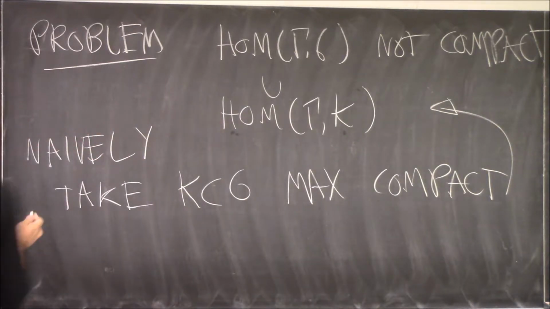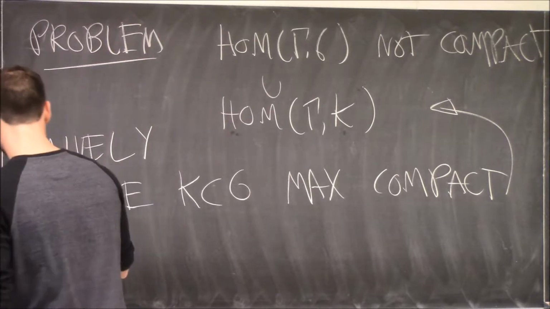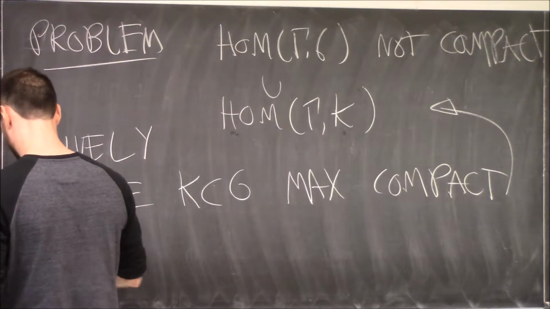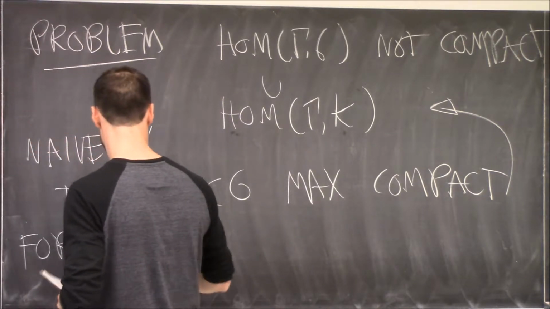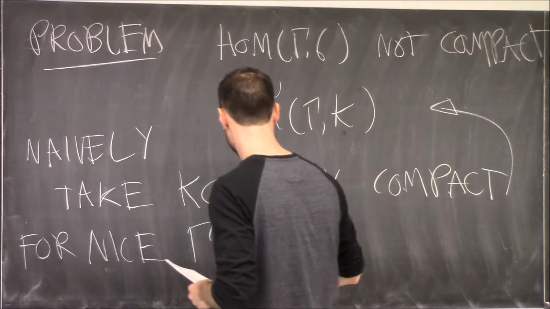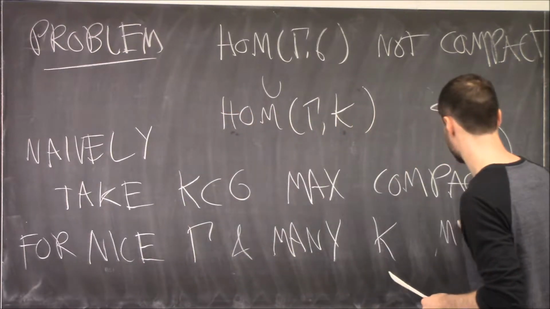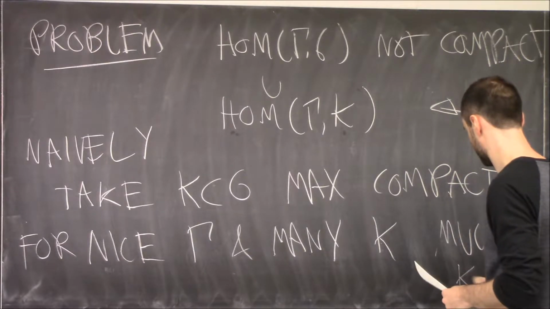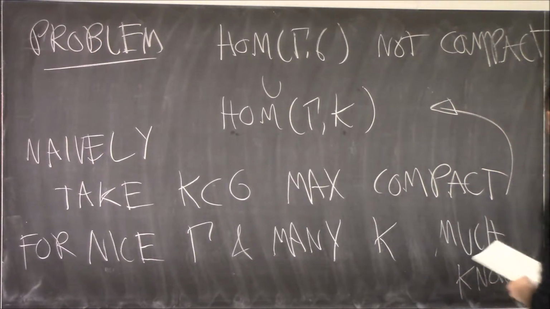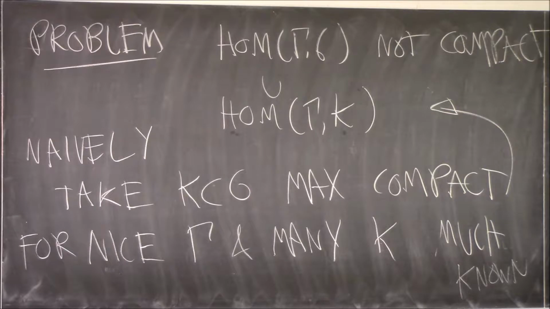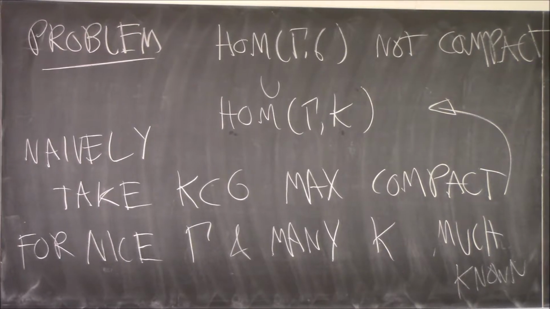And to give you a flavor, the moment you start restricting to compact targets, there's a lot of stuff that's known. So maybe I'll say for nice gamma and many K, much is known. And I'll give you one example about what I mean by stuff can be known in that context.